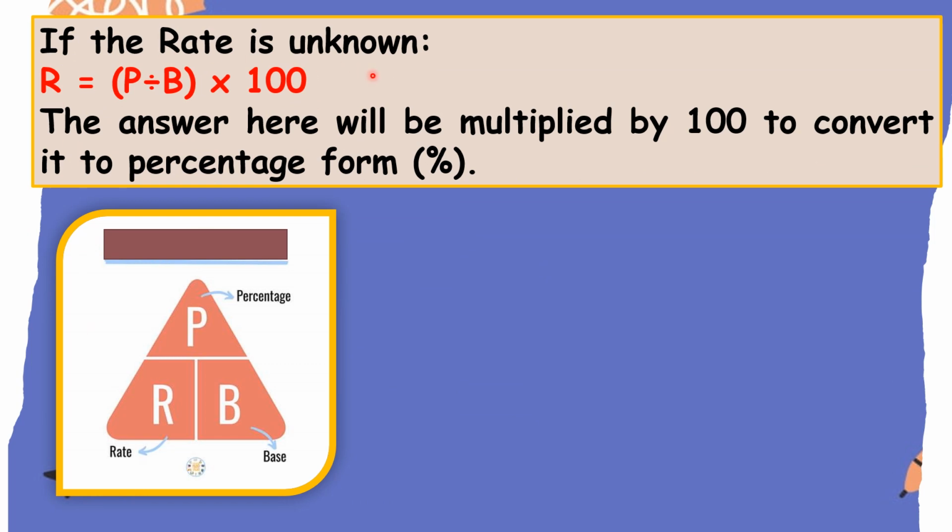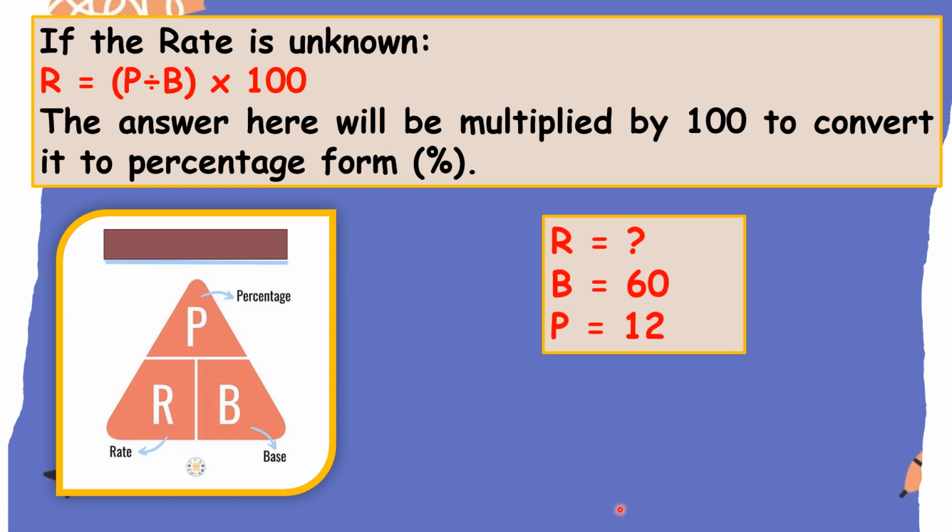If the rate is unknown, you are going to use the formula R equals P divided by B, times 100. Again, the answer here will be multiplied by 100 to convert it to percentage form.